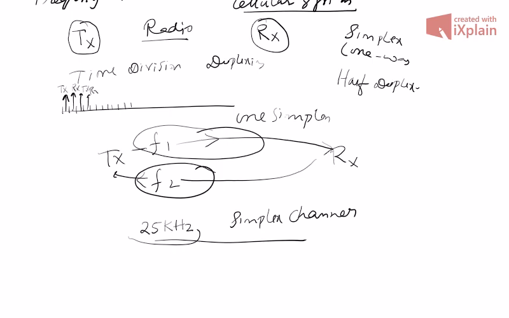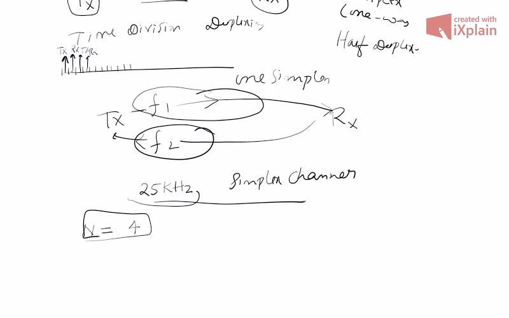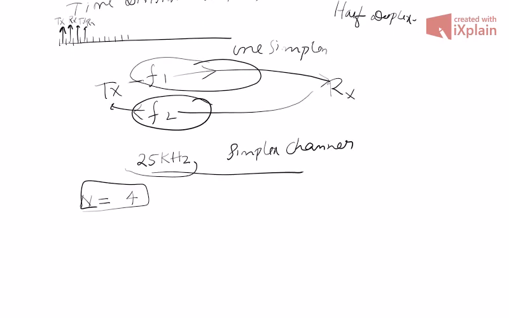Now let's assume that the reuse factor, or n, has value 4. It means that 4 cells are using all the available bandwidth. And then it is repeated, so the frequency is reused after 4 cells.